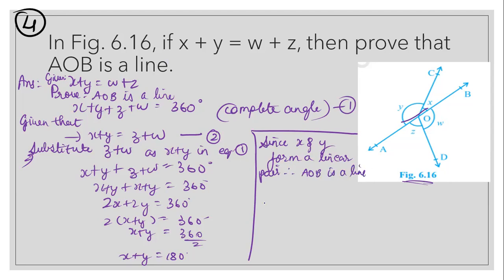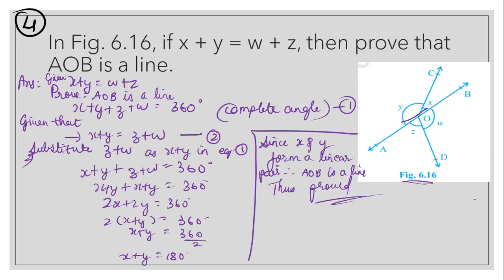If it has to be a linear pair, of course it needs to be a line, right? Correct. You can prove it by saying axiom 2 as well, what we studied before, that if two adjacent angles are adding up to 180 degrees, then the non-common arms will form a straight line, correct? So since x and y form a linear pair, we can say that AOB is a line. Thus we have proved it.